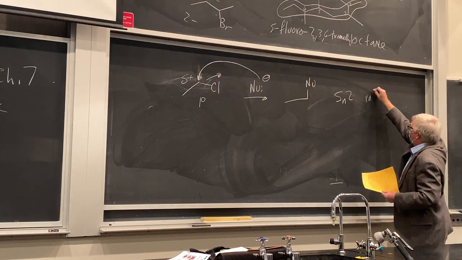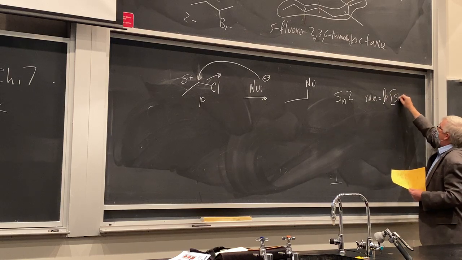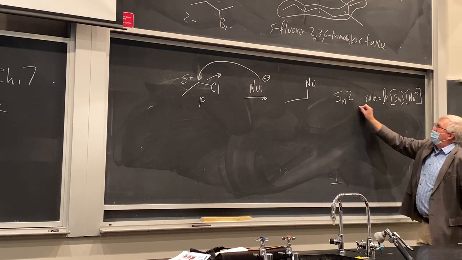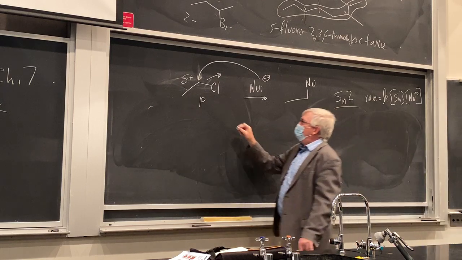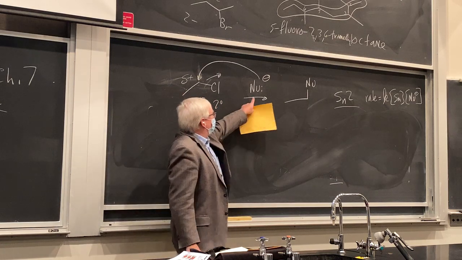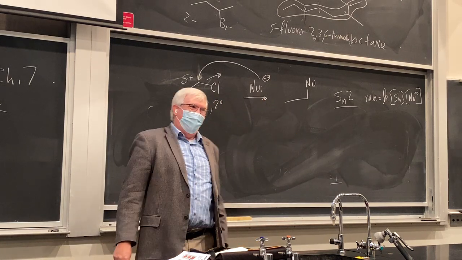And the rate will depend upon some rate constant times that starting material concentration times the concentration of the nucleophile, okay? And that's typical SN2 reactivity. Now, generally that will be the same for secondary, as long as this is a small charged weak base nucleophile.